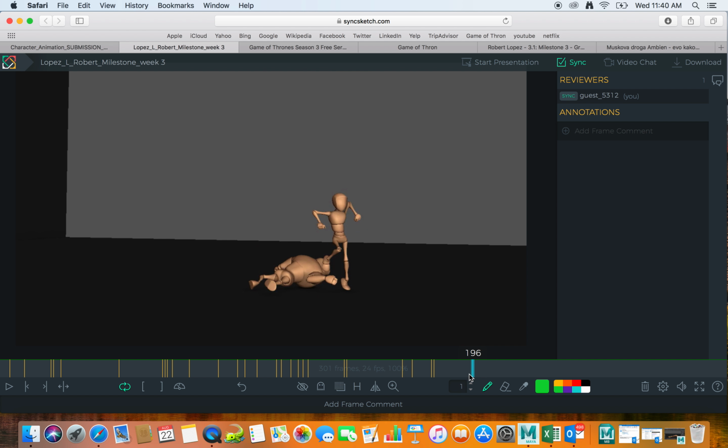So when the character is falling, like you're trying to do here, on the way of the body going down, his legs should go up. As he hits the ground, the legs are probably still somewhere like this. And then legs should come down, but not at the same time.